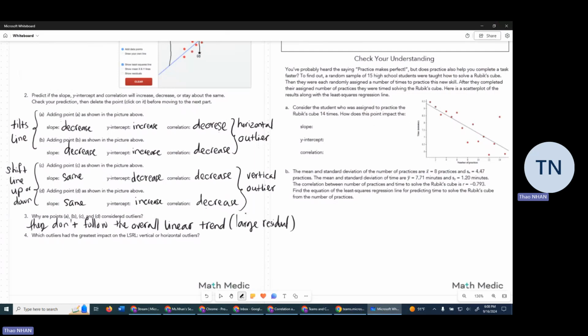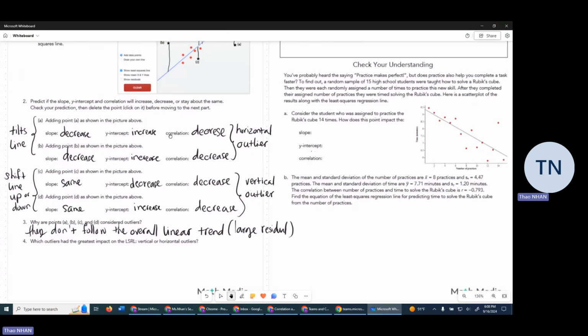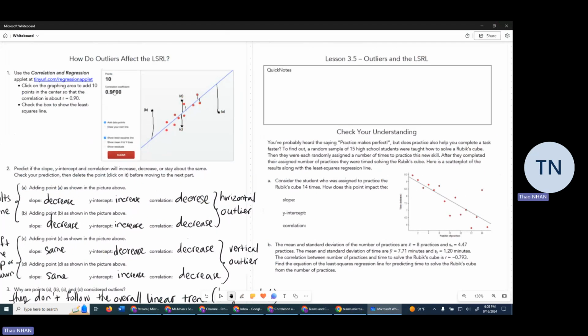Number 4, which outlier has the greatest impact on your least squares regression line, vertical or horizontal? Remember earlier when I had horizontal outliers, which are my A and B, you see how my correlation went down real big. It was 0.9 something, it went down to 0.4 something, depending on if you put A or B, but still, it went down by a lot. Not so much for the vertical. The vertical did go down a little bit, but not so much.